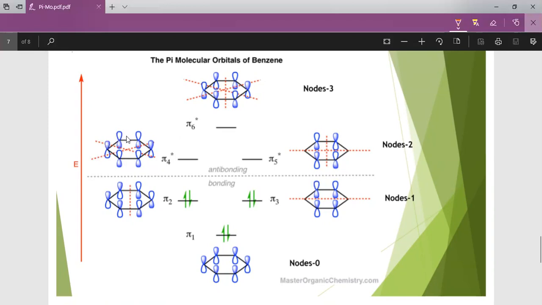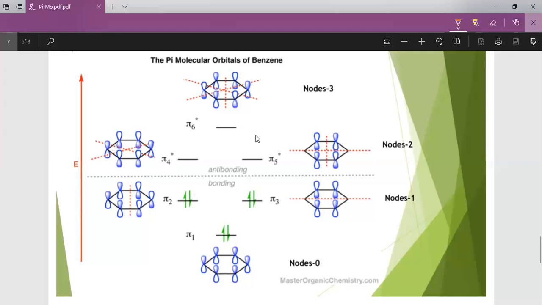Whereas between C2 and C3 there is no node, hence the lobes are lined up in the same manner: positive, negative, negative, positive and positive. So these two are showing the bonding interaction. Similarly, here also C5 and C6 are showing the bonding interactions. Whereas coming to here, these three and these three are showing the anti-bonding interactions due to the node passing.